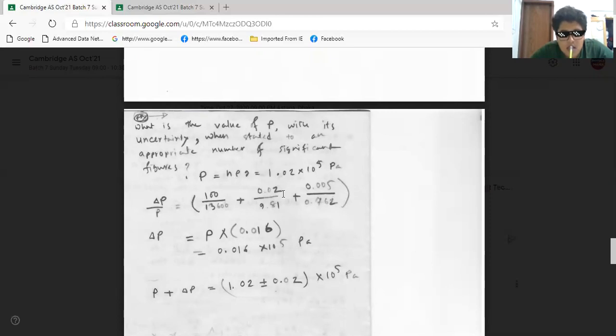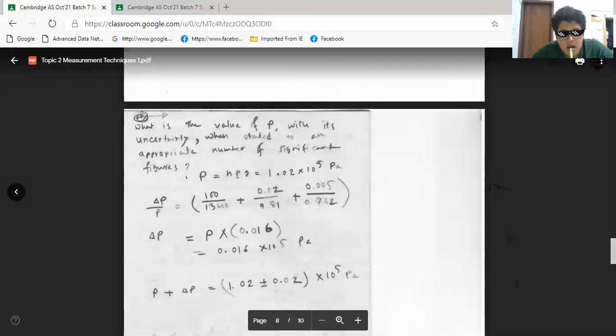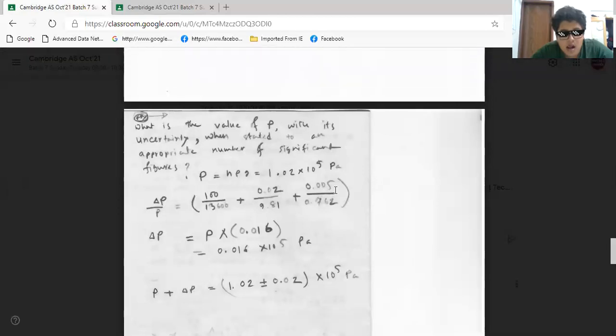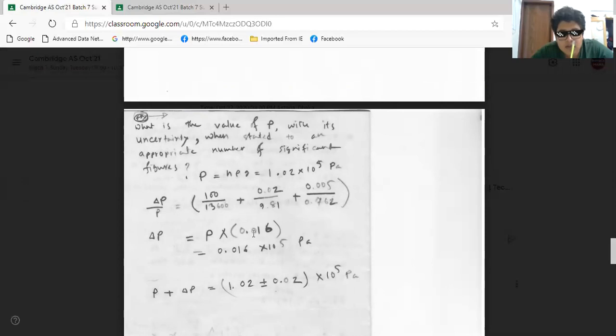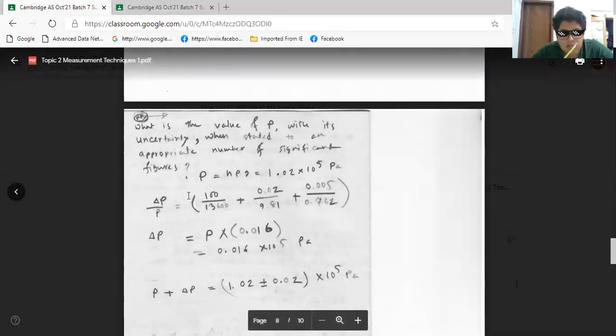Then for h, it is 0.005 divided by 0.762. If you calculate inside the bracket, it will come 0.016. So 0.016 is the addition of all these fractional uncertainties.